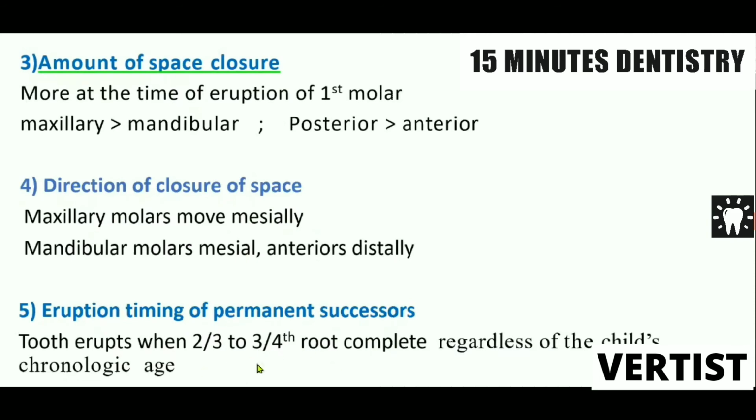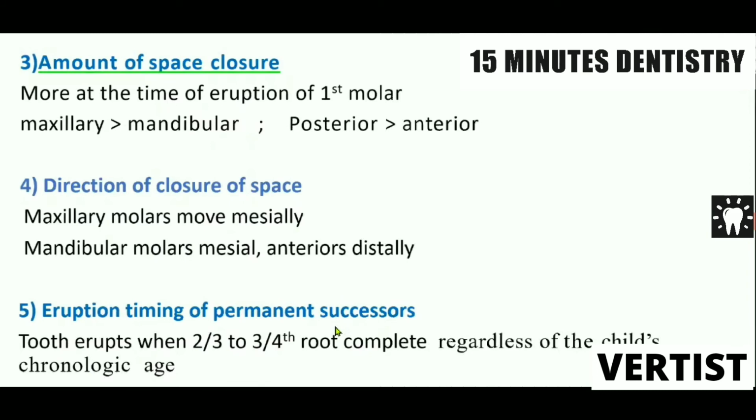First point is eruption timing of permanent successors. It has been found that the tooth erupts when 2/3 or 3/4 of its root is complete. Now this is important because we get to see many students, many interns, many dentists who think the chronological age as the sole determinant to decide whether a space maintenance is to be given or not.